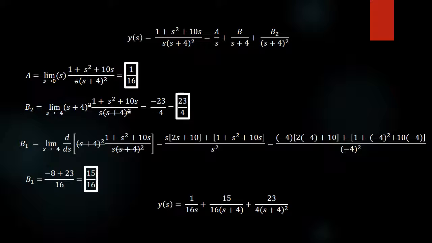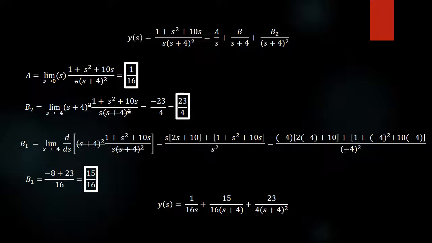The partial fraction that we want to expand is (1 + s² + 10s) over s times (s + 4)², and we want to know three values, or three terms, to solve our partial fraction.